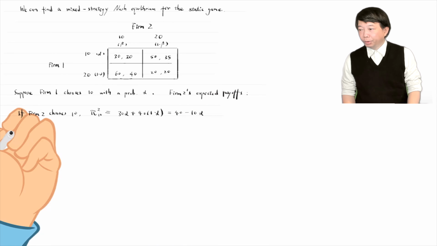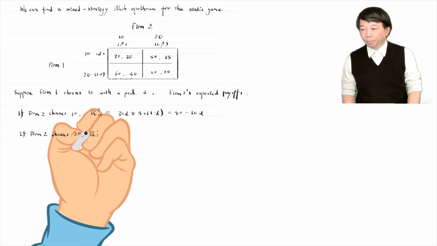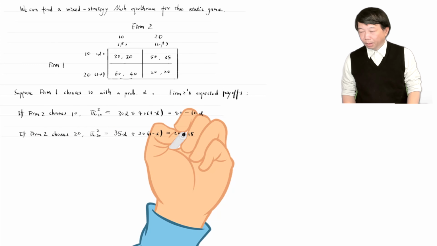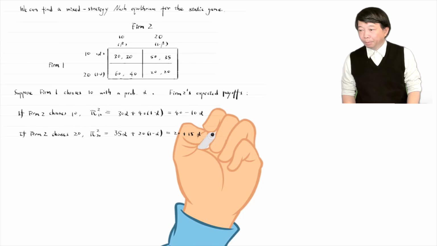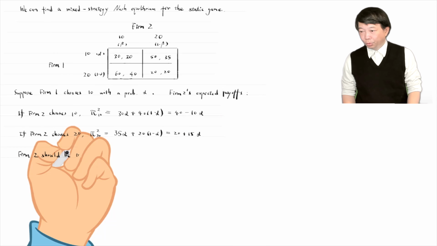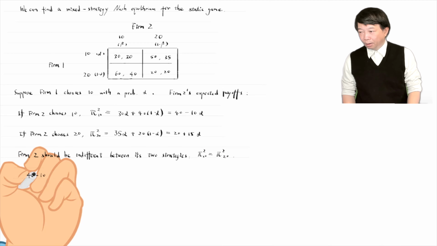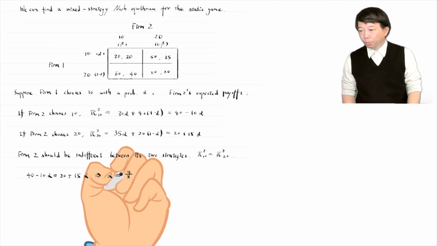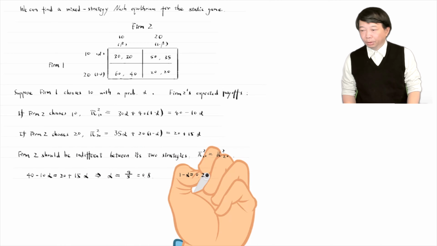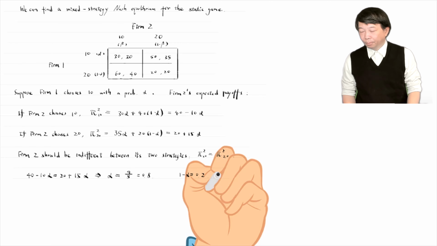If firm 2 chooses 20, its expected profit is 20 plus 15 times alpha. Firm 2 should be indifferent between its two strategies. We can obtain alpha, the probability at which firm 1 chooses 10, which is 0.8.